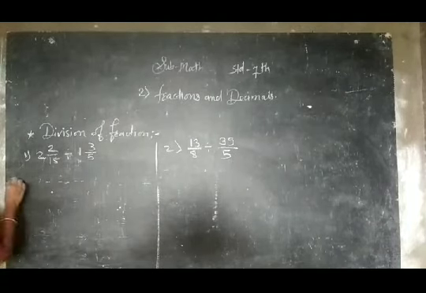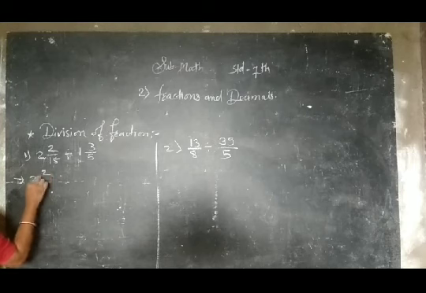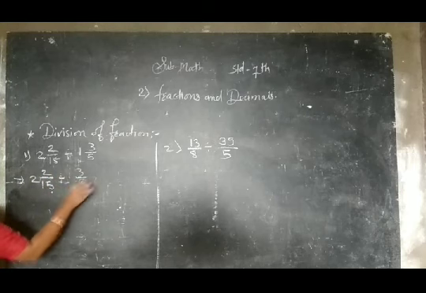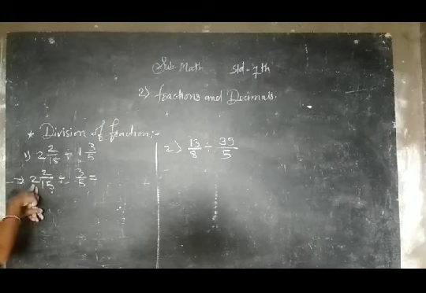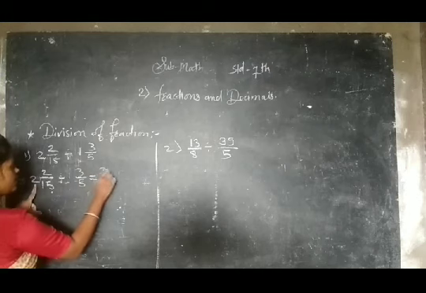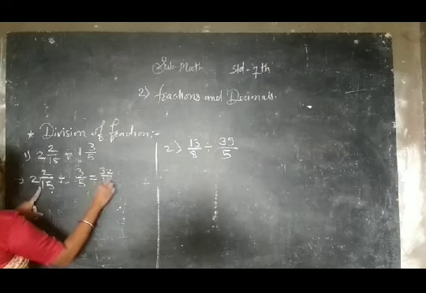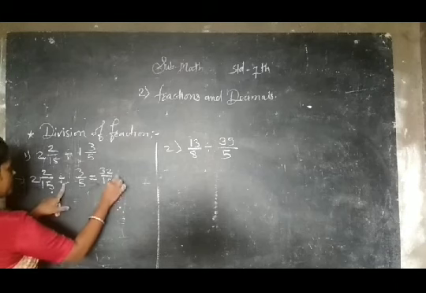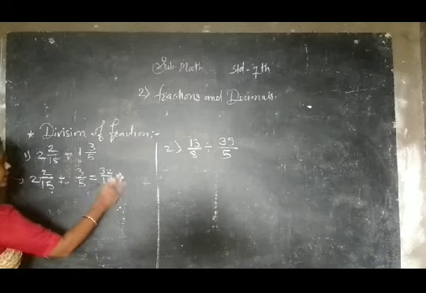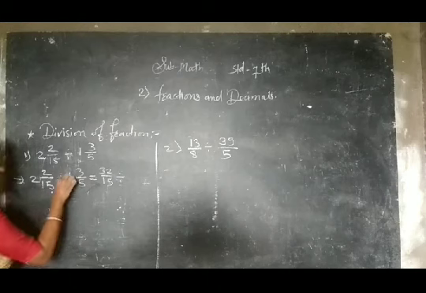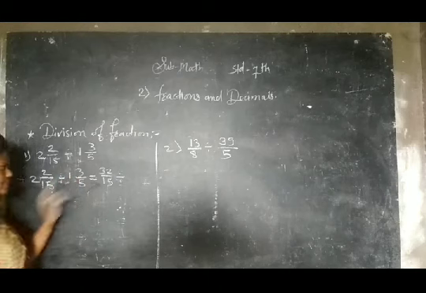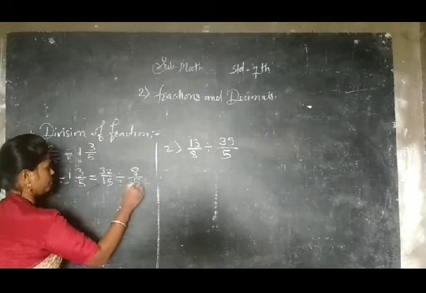as I told you, convert the mixed fraction into a simple fraction. So 15 twos are 30, 30 plus 2, 32 upon 15, divided by, sorry, that is also a mixed fraction. So 5 ones are 5, plus 3, 8 upon 5.